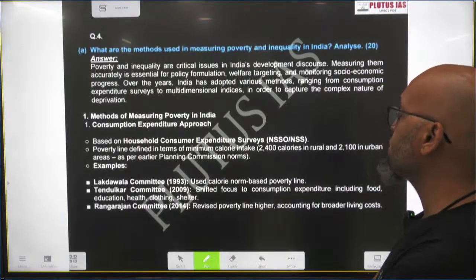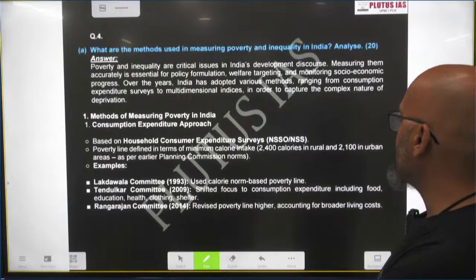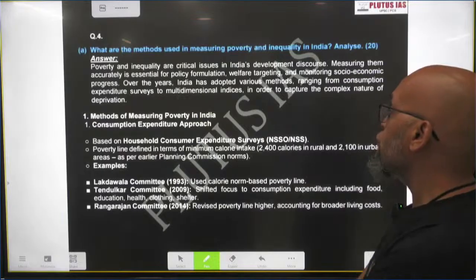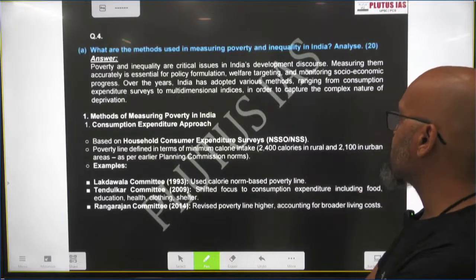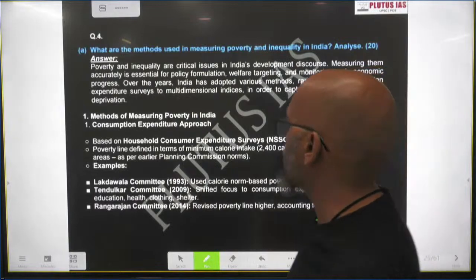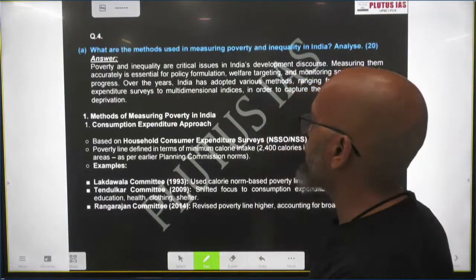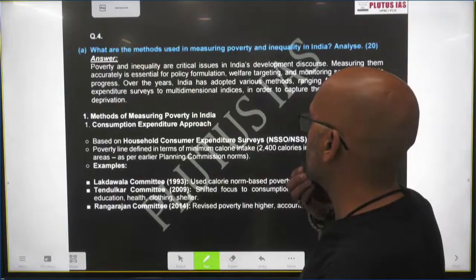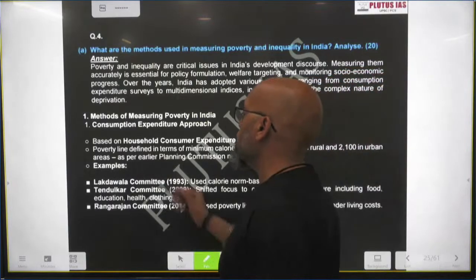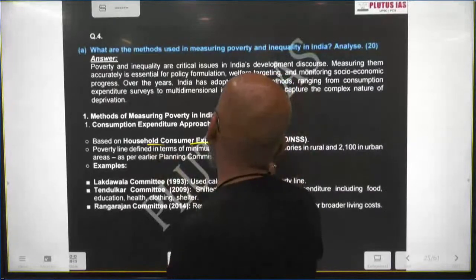Over the years, India has adopted various methods, ranging from consumption expenditure surveys to multi-dimensional indices, in order to capture the complex nature of deprivation. So, methods of measuring poverty: the consumption expenditure approach is based on household consumption expenditure surveys.